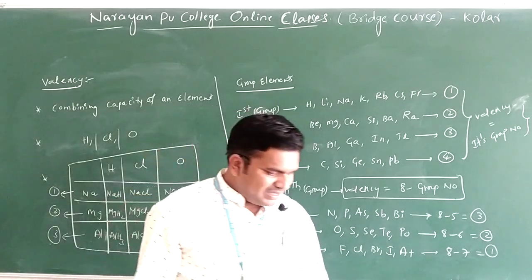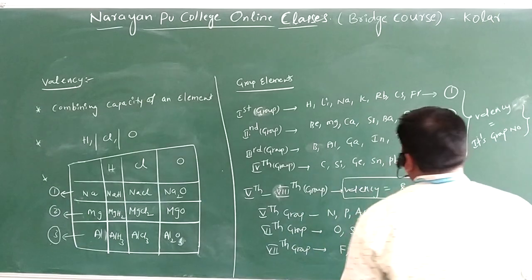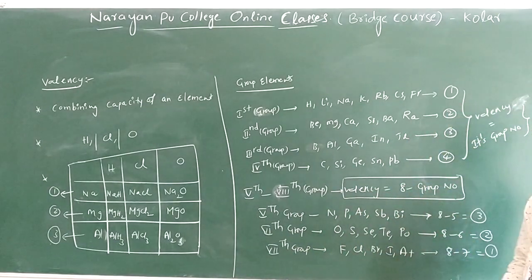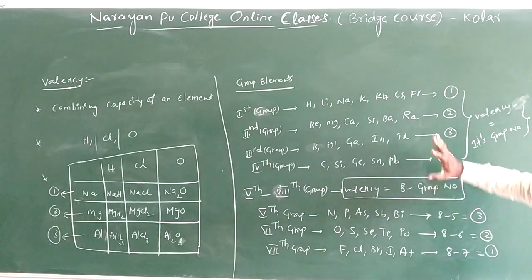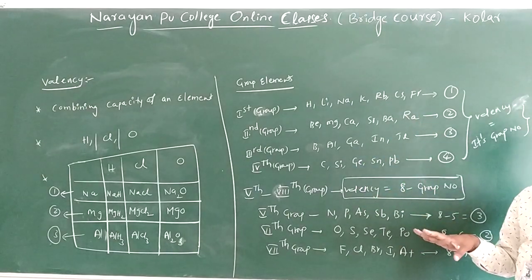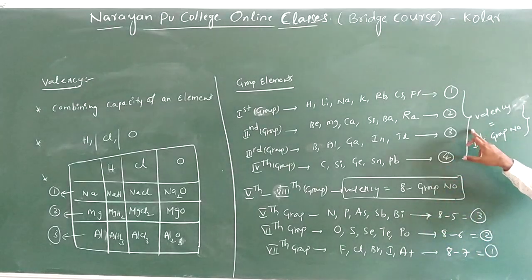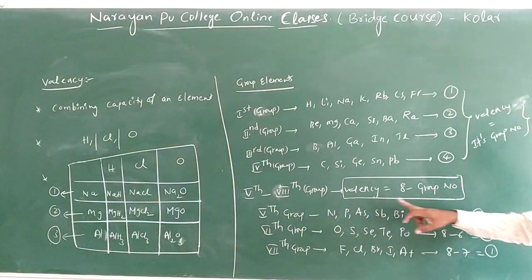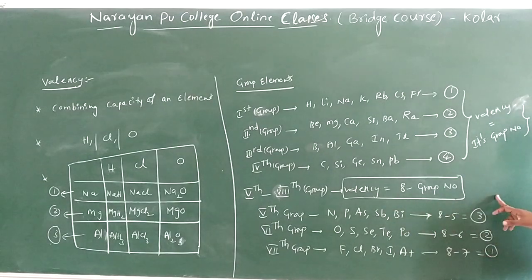Our intention is that you have to know the valency of each element in the periodic table, particularly on the groups, first group, second group, third group, up to 8th group. For groups 1 to 4, valency is equal to the group number. From 5th group to 8th group, valency is equal to 8 minus group number.